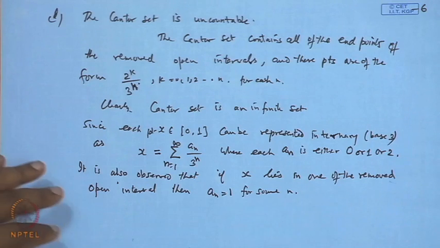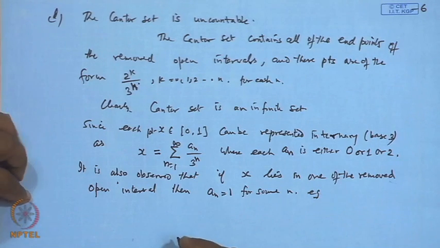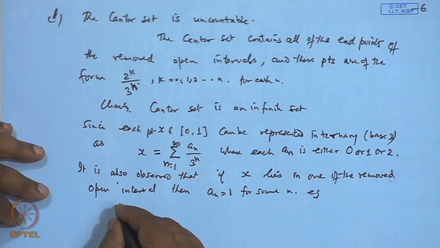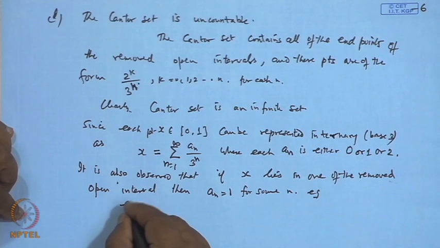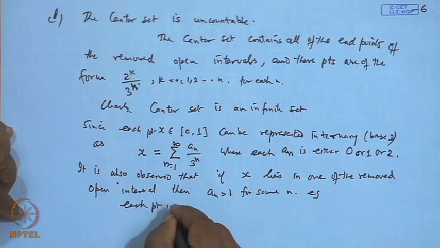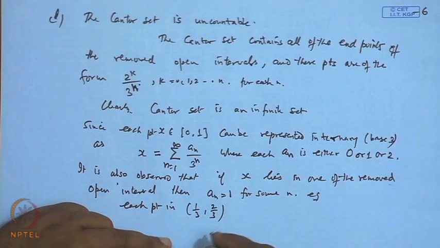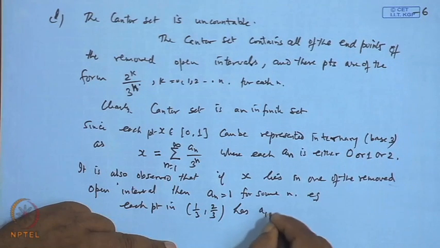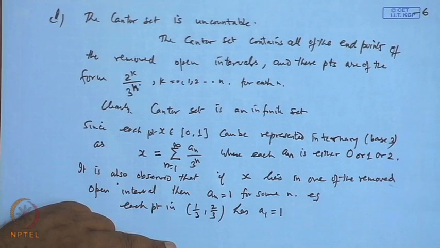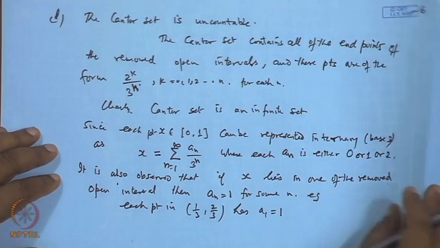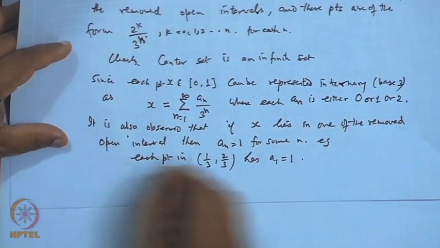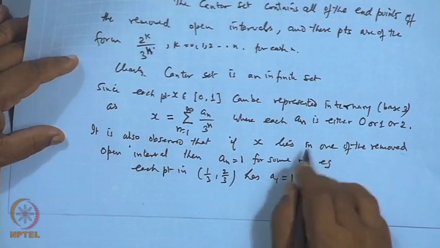For example, suppose I take each point in the interval 1/3 to 2/3. This removed interval has first term a_1 equal to 1. Similarly for the other removed intervals, so this is true for each such x.